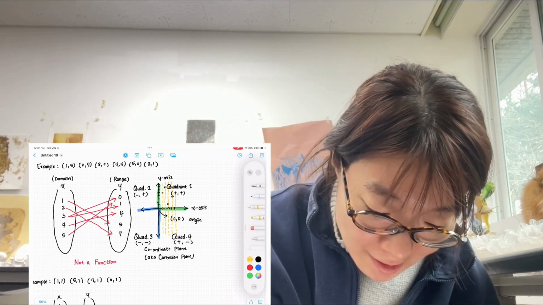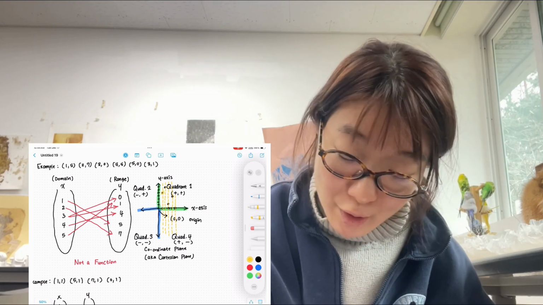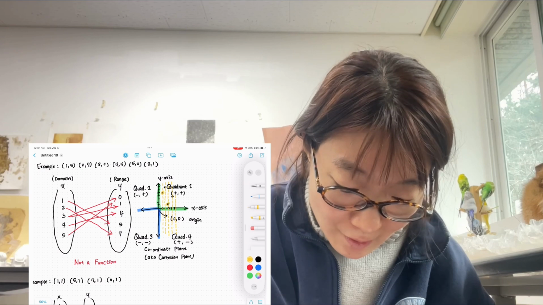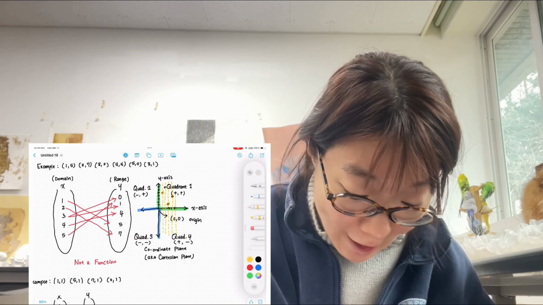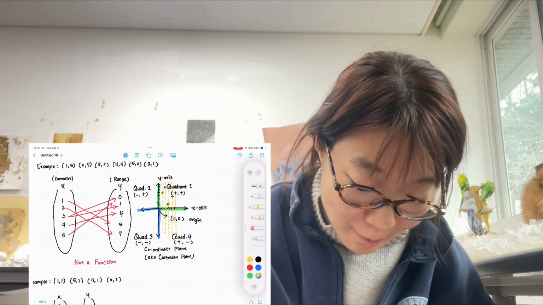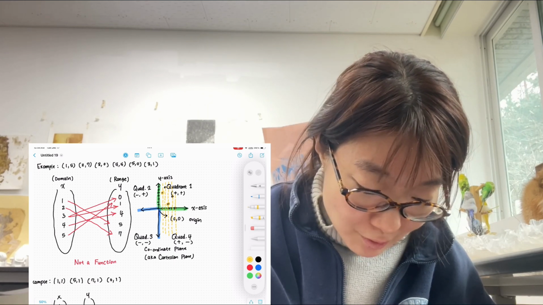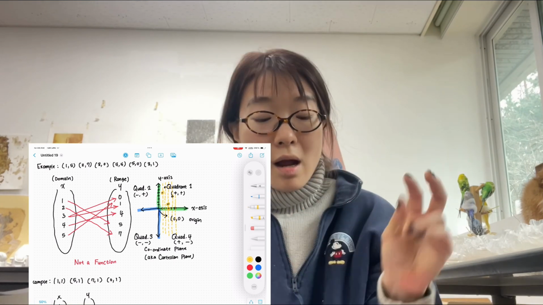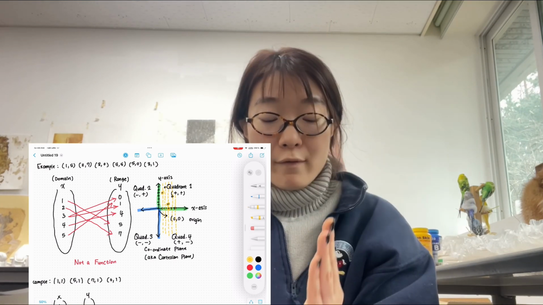Now, each one of the lines should have only one coordinate point sitting on the vertical line. So I have one here, so that point passes the vertical line testing. I have another point over here, which is (3, 1), and there's a little bit of a problem. I have another point, (3, 0), so I have two coordinate points sitting on that one vertical line.